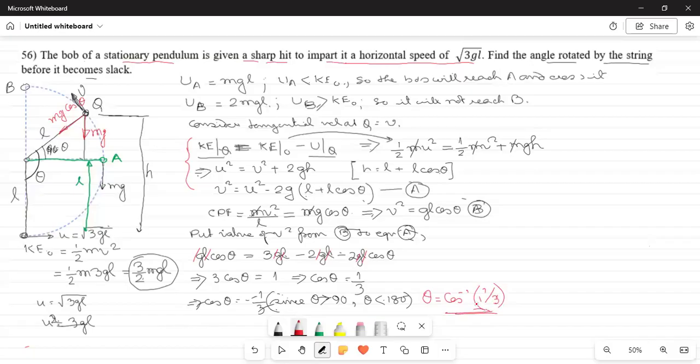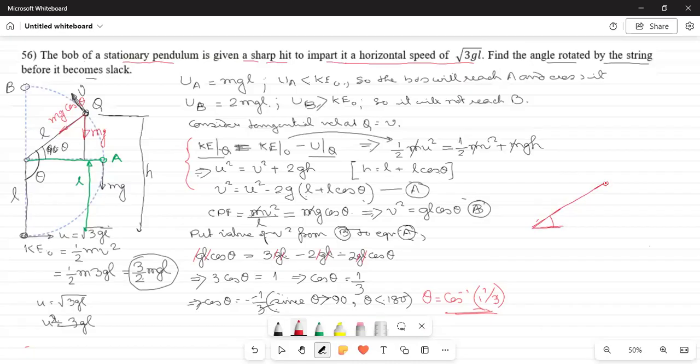Answer we have got. But I want to explain something so that you can handle similar problems later on. As theta increases, let us draw the diagram here once again. This is the bob, and this was theta.